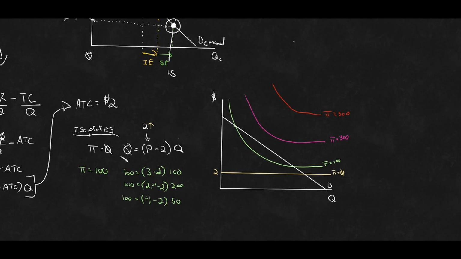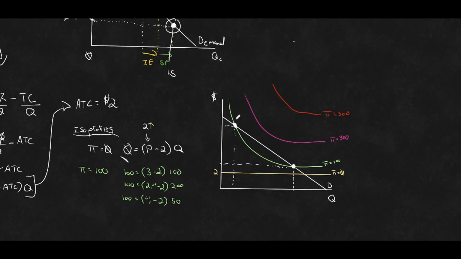What we see is that right here, we are on our profit of 100, such that we have a high price of a cup of coffee and a low number of cups of coffee being sold. Similarly, we have another profit of 100, such that we're selling lots of cups of coffee, but we're selling them at a lower price.